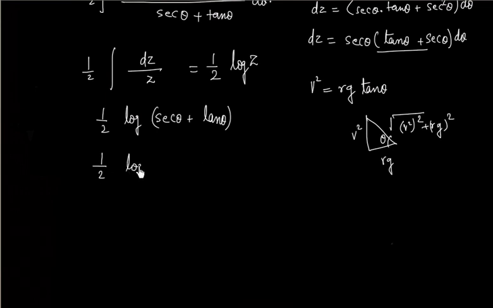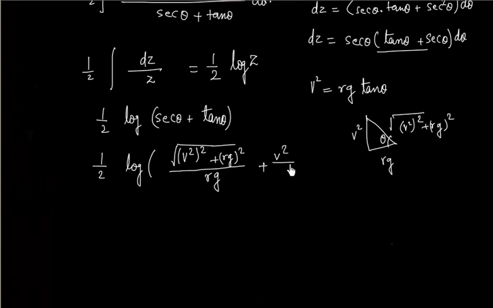So we will have log of sec theta, which is under root of v square whole square plus rg whole square divided by rg, plus tan theta, which is v square divided by rg.